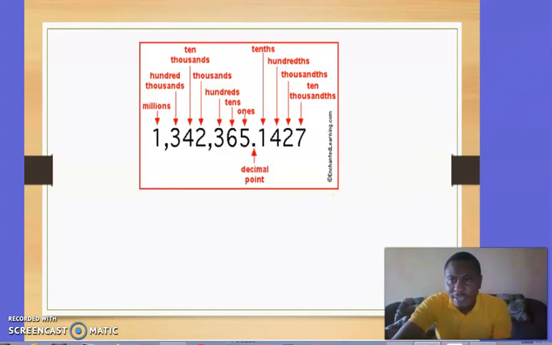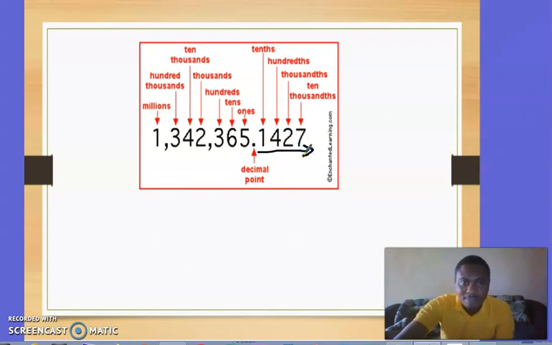Now we want to learn about the place value of numbers, and we're talking about decimal numbers. So we look at the decimal part of the number, and the decimal part of the number begins from the decimal point, and this is our decimal point over here.